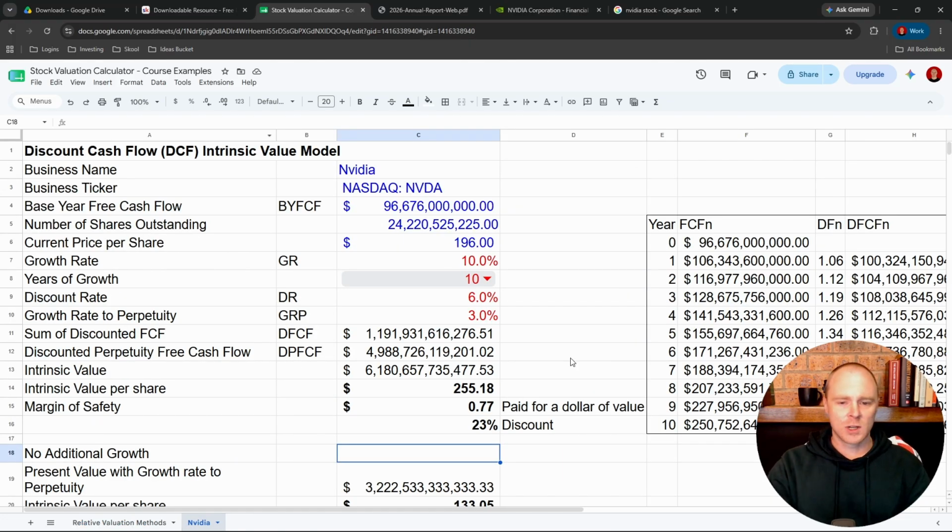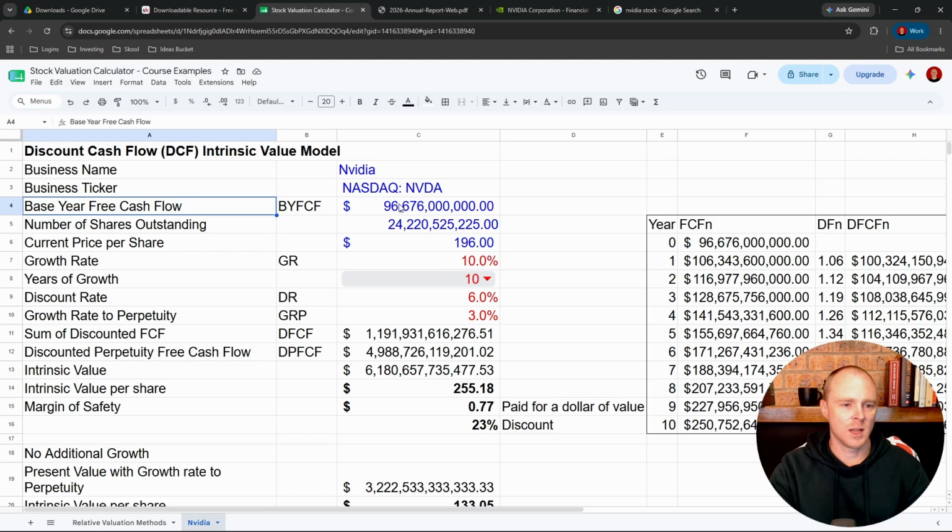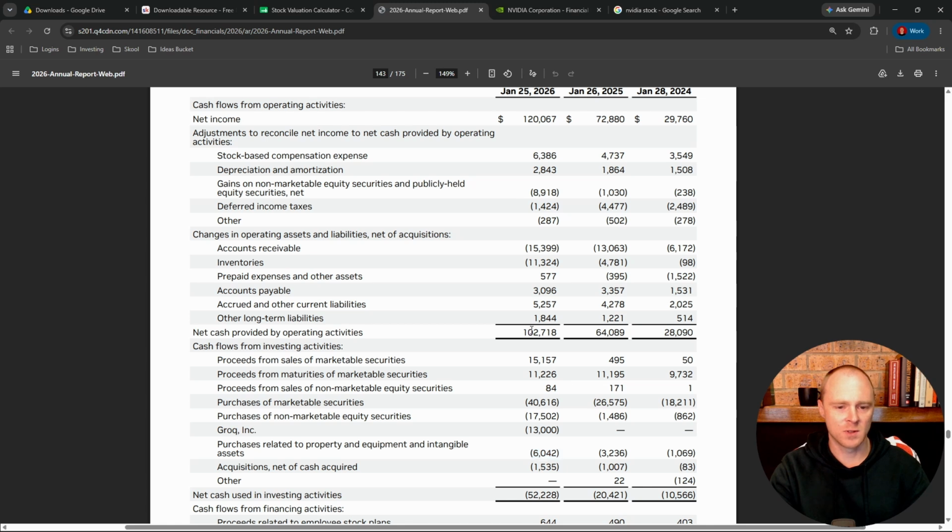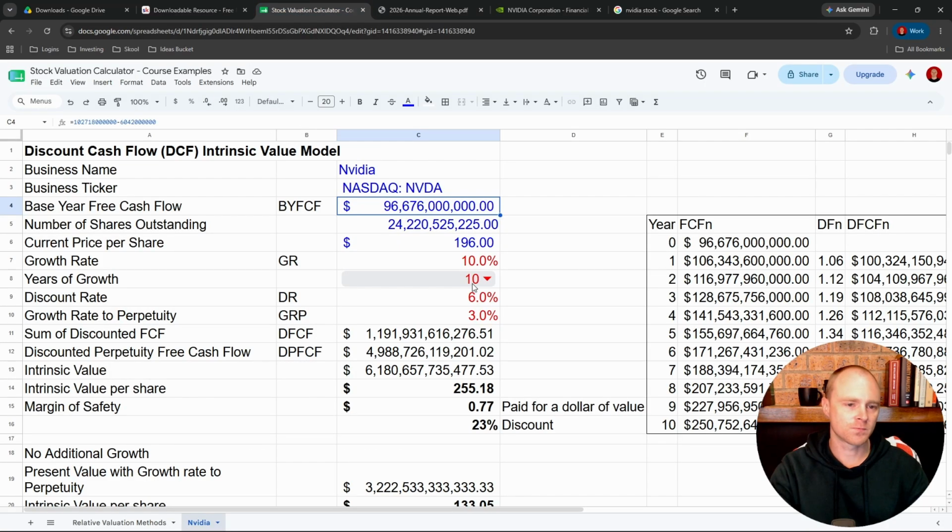Before looking at all these numbers, just worry about the ones in blue first of all. We filled those in and now we've got our base year free cash flow. Do you remember where we were on the cash flow statement, where we grabbed this number and subtracted this? That's all we needed to do, and that's what we've plugged in there.